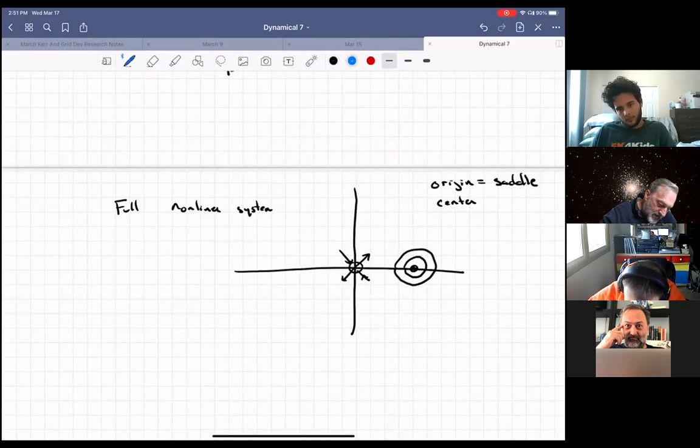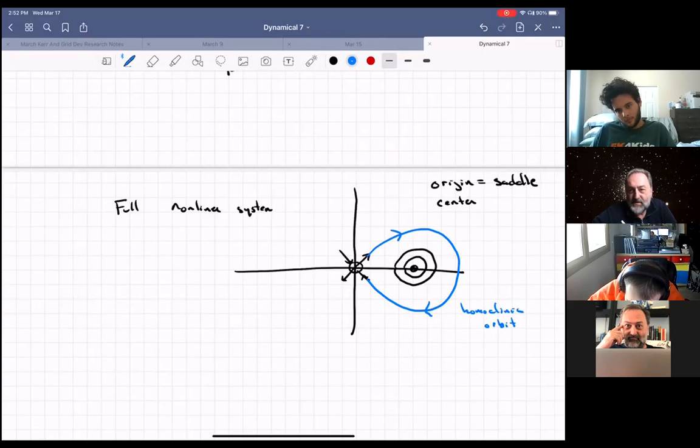And then what I can have is a homoclinic orbit that connects to what is locally a saddle.